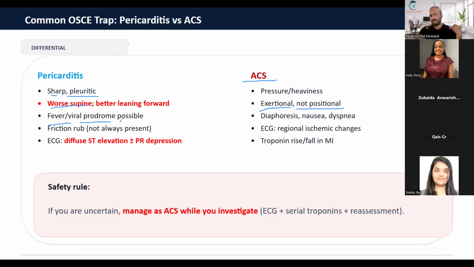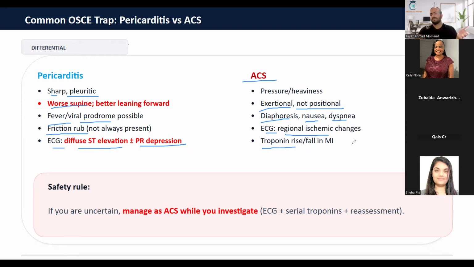Fever and history of viral prodrome may be present in pericarditis. Diaphoresis, nausea, and dyspnea are seen in acute coronary syndrome. You may hear a friction rub, but not in all patients. ECG will show regional ischemic changes in ACS, but in pericarditis, ECG shows diffuse ST elevation plus PR depression.